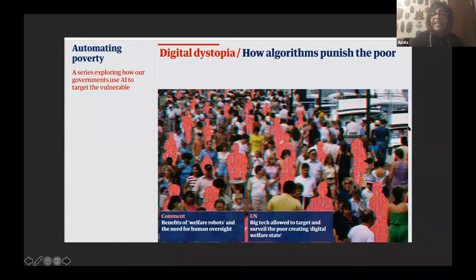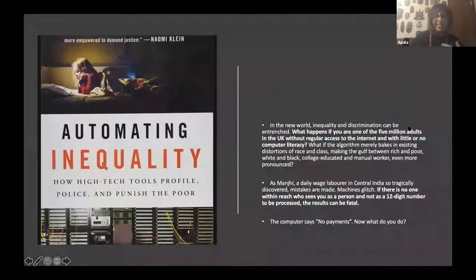And so as people have started to talk about this, we've got some very strong voices now, for example, on automating inequality, talking about how we must take into account the subaltern in any development and design of technology.